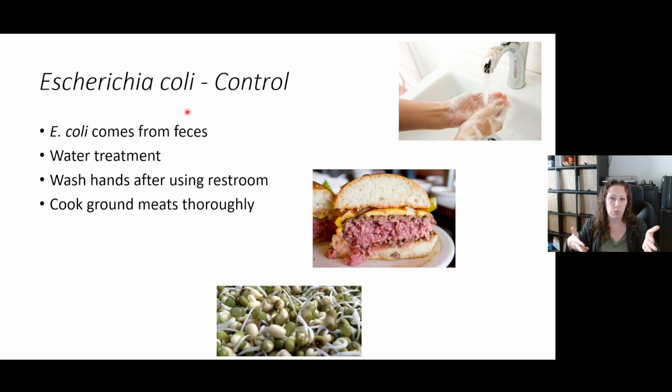Well, especially with ground beef, you are cutting everything up and then mixing it. And so what was on the exterior is now on the interior of the meat. And so you have to make sure that the interior of this meat gets cooked to a temperature that will kill E. coli. And that temperature is 160 degrees Fahrenheit.